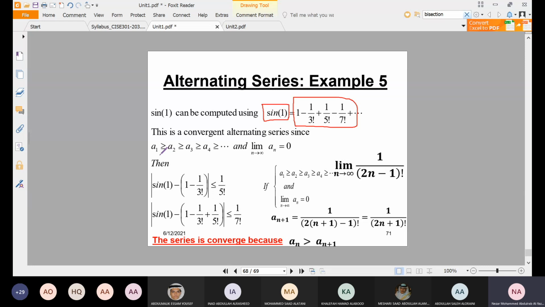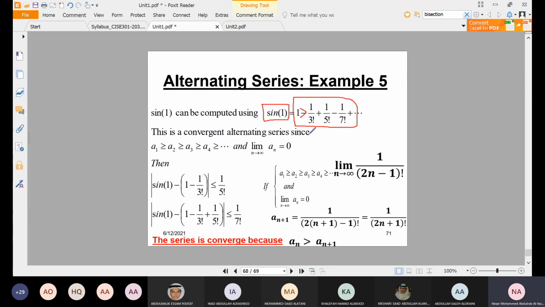So first, we should guarantee that a1 is greater than or equal to a2. The magnitude here is clear: this is 1, and this is 1 over 6. So a1 is greater than 1 over 6.